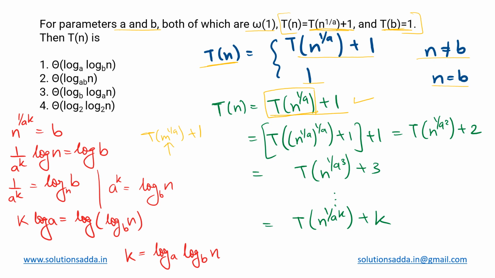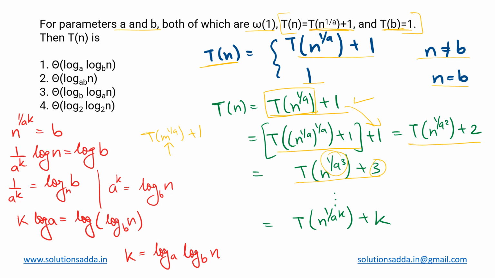So that is what we have written over here, T(n^(1/a)) and that again raised to 1/a plus 1, and this plus 1 originally came here. So this can be simplified to give T(n^(1/a^2)) + 2. In the same way, after the third iteration, we get this particular equation, 1/a^3 and 3.